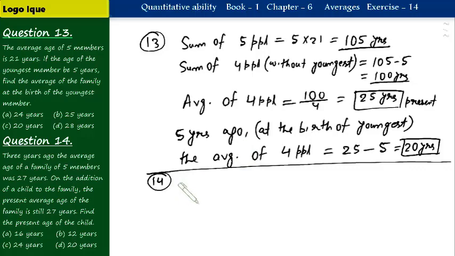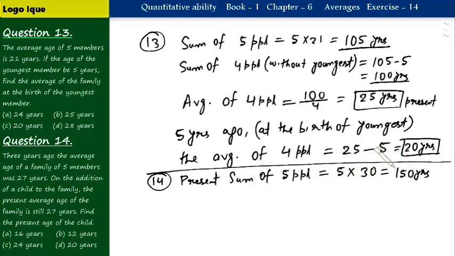So the present sum of 5 people would be equal to 5 into the present average, which is 30. So 5 into 30 is 150 years. All right.